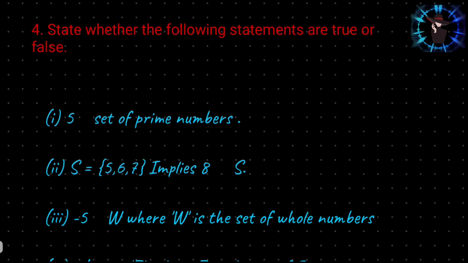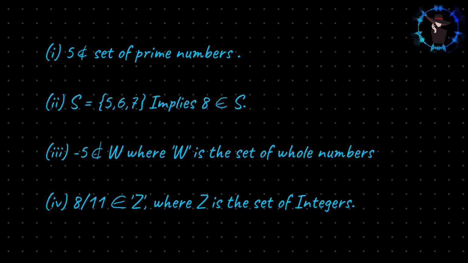Fourth question, state whether the following statements are true or false. 5 doesn't belong to the set of prime numbers? It's completely false, right? Because 5 is a prime number. Now the next, S is a set that is 5, 6 and 7, implies 8 belongs to S?